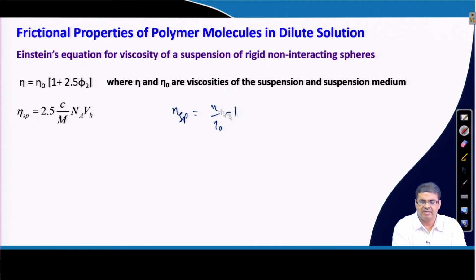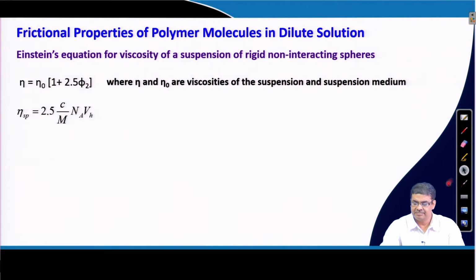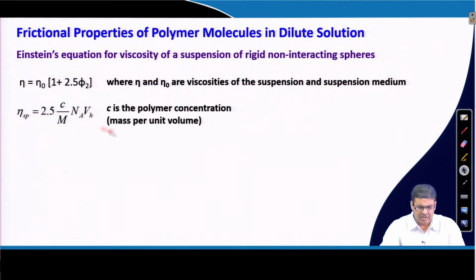So, if we know this expression of specific viscosity as this, then we can rearrange this expression as this, where C is the polymer concentration in terms of mass per unit volume, M is the molar mass, Na is the Avogadro number, and Vh is, as described in the last slide, hydrodynamic volume, which is the volume of the rigid non-interacting sphere.